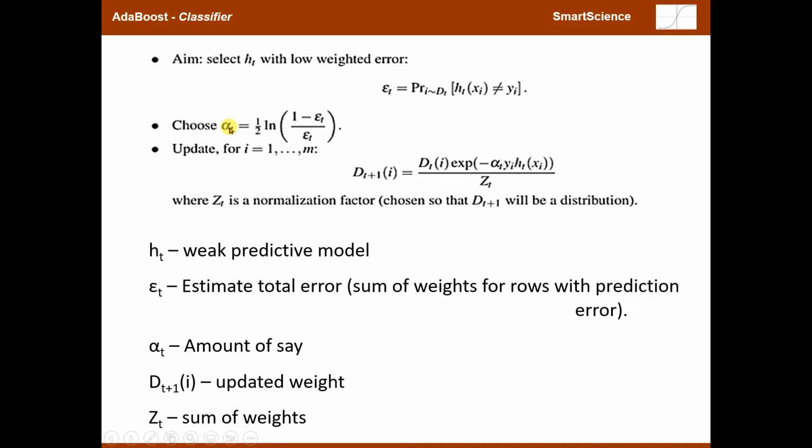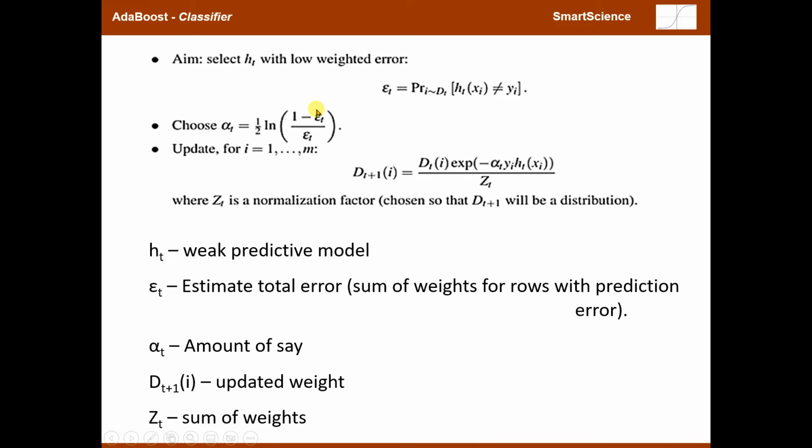Now what we are going to do is calculate something called alpha t. Alpha t is the amount of say or the importance of a model. Which is nothing but 0.5 into log of 1 minus total error divided by total error.